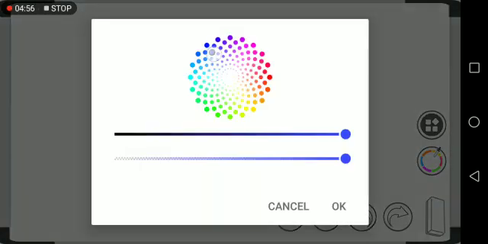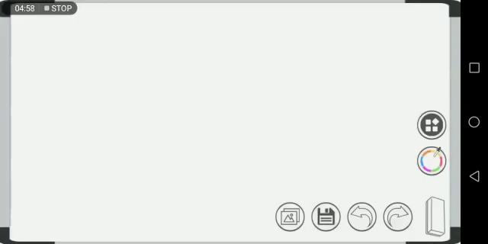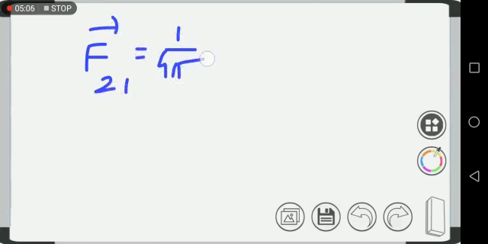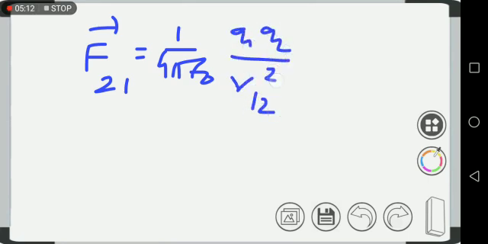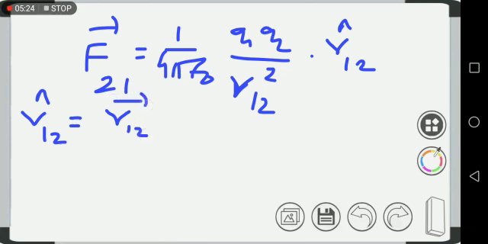Look here, the force F21 is given as 1 upon 4 pi epsilon naught q1 q2 upon r12 square. This r12 is the magnitude and we have to multiply r12 cap as the direction, and we know that r12 cap, a unit vector, is given as the full vector divided by its magnitude.